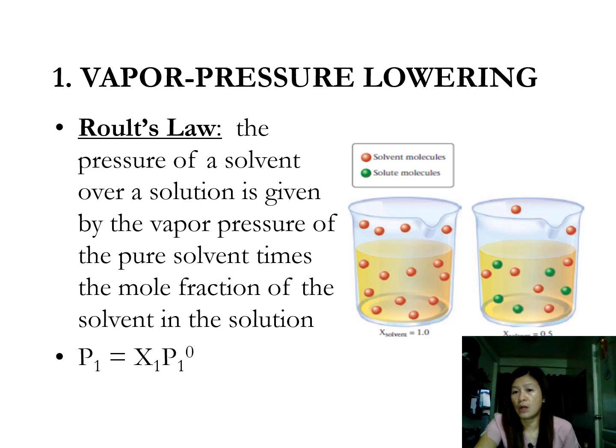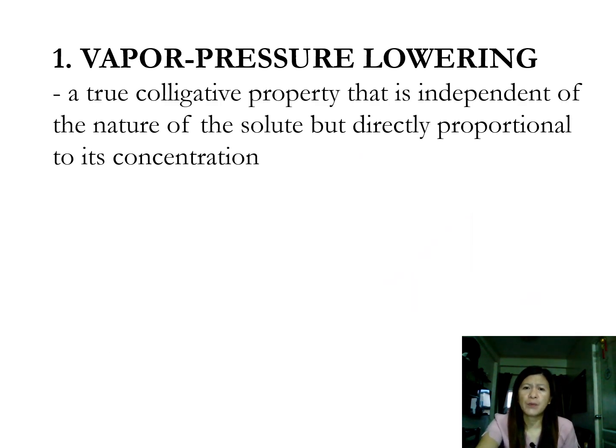So for example, the solvent here is water. So what is the vapor pressure of that pure solvent, which is water? So what we are looking for here is the vapor pressure of the solvent when there are solutes dissolved in it. So that is P sub 1. Vapor pressure lowering is a true colligative property that is independent of the nature of solute but directly proportional to its concentration.